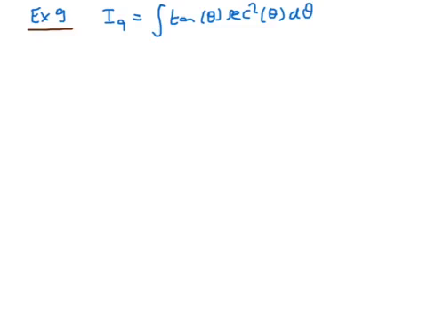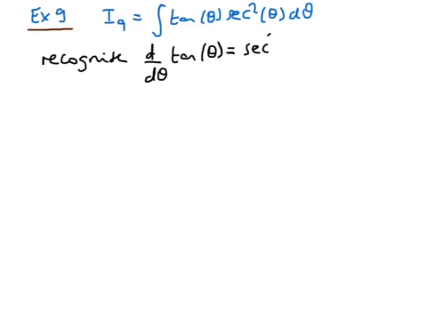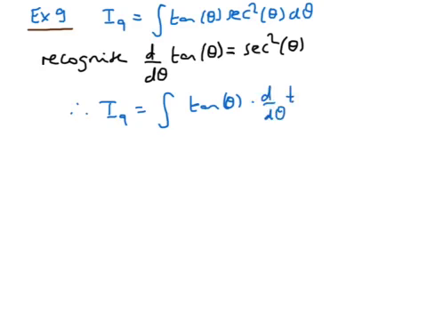So therefore, once we recognise that the derivative with respect to theta of the tangent of theta is sec squared theta, then this tells us that I9 is the integral of the tangent of theta multiplied by the derivative with respect to theta of the tangent of theta, integrated with respect to theta.